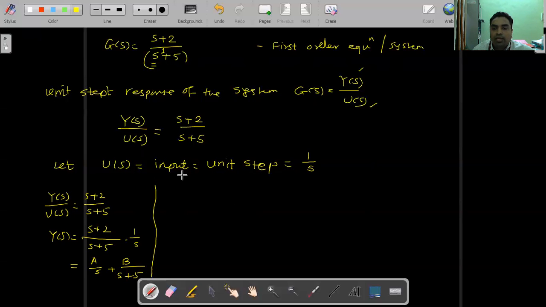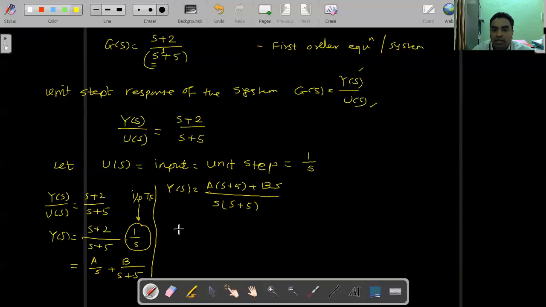So I can write here Y of s is equal to, now here we need to understand, this is the input transfer function, this is the overall transfer function, but this is the input which is applied. So Y of s is equal to A(s plus 5) plus Bs divided by s(s plus 5). So I need to determine the values of A and B, right?